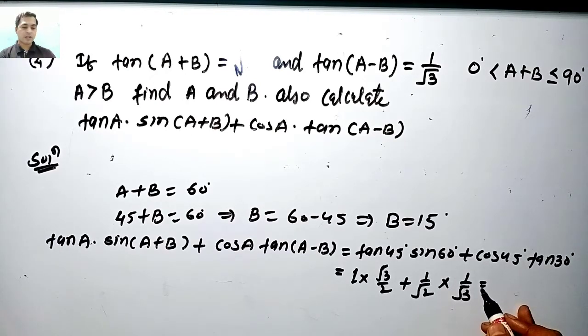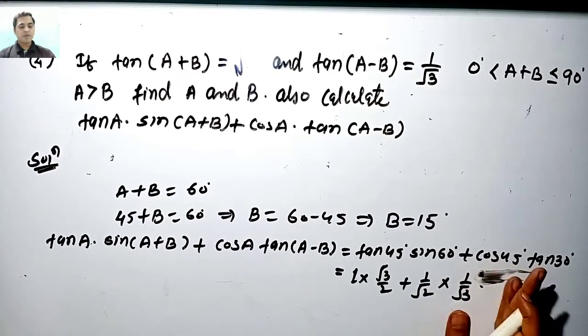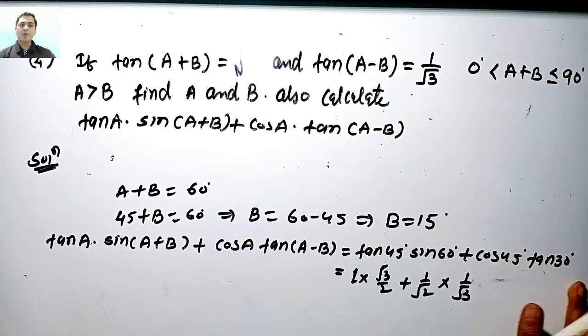Now here the LCM will be what? 2 root 3, because 2 includes 2 times, multiple of root 2 and root 2, right? So the LCM will be 2 root 2, and we are simplifying. We are multiplying root 3 and root 3. If we multiply root 3 and root 3, we will get what? 3.